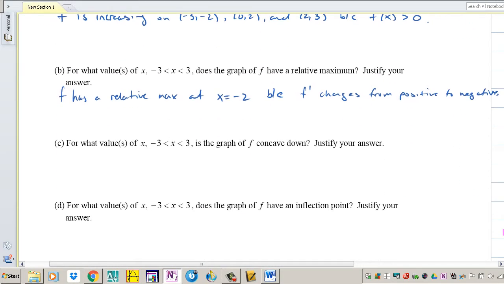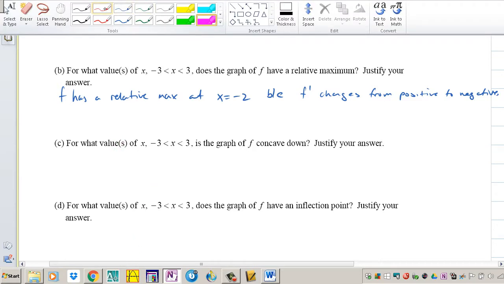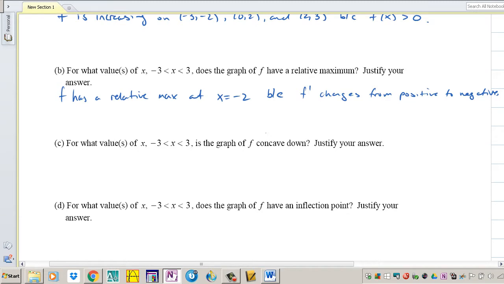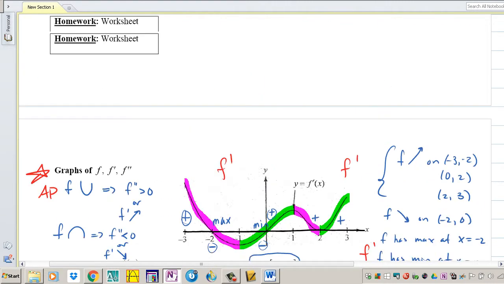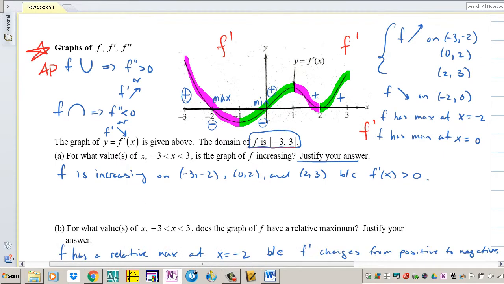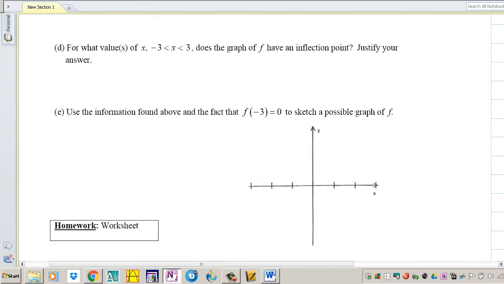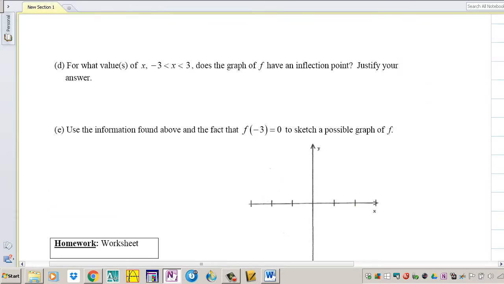So let's go ahead and see what the question says. For what values of x from -3 to 3 is the graph of f concave down? Well, concave down means first derivative decreasing. So let's go ahead and see. The derivative is decreasing from -3 to -1 and from 1 to 2. I'm sorry, no, I'm on the wrong problem.